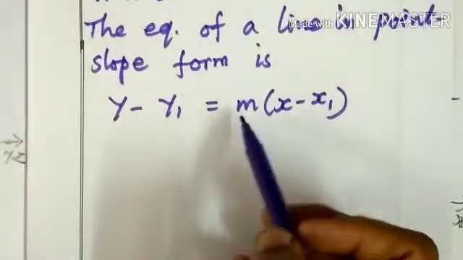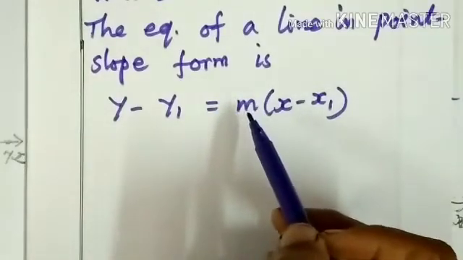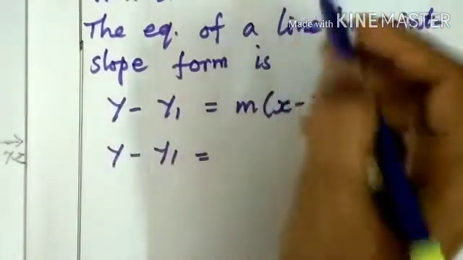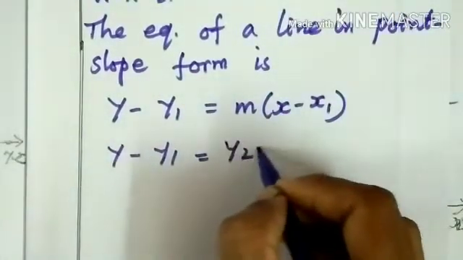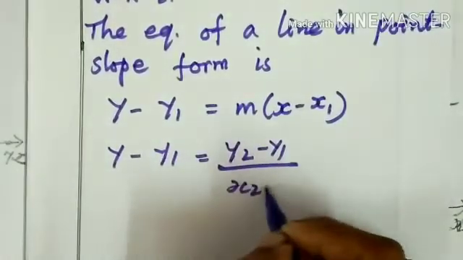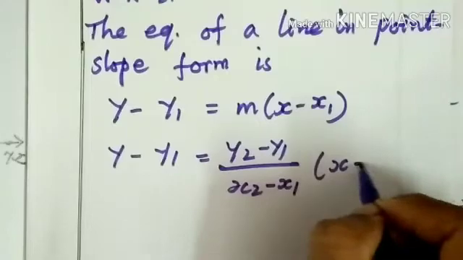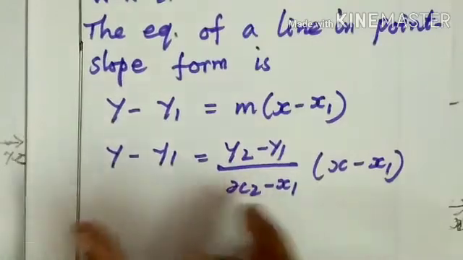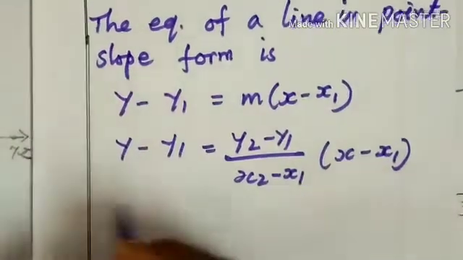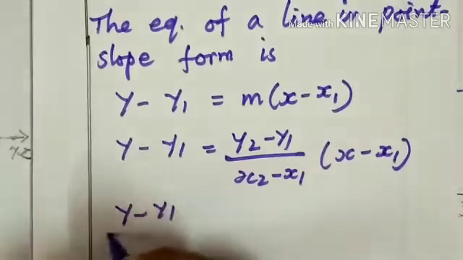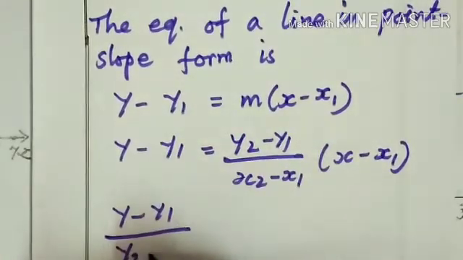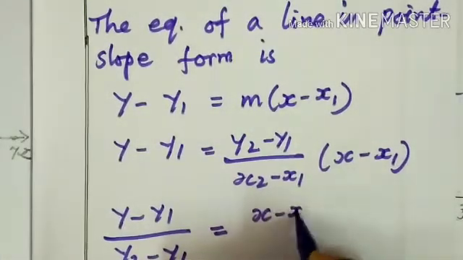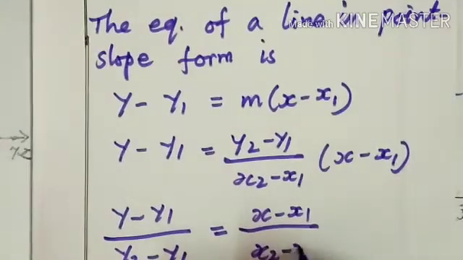In this formula, you have to apply the given slope, that is y minus y1 is equal to y2 minus y1 by x2 minus x1 into x minus x1. Now you have to separate the y coordinate and x coordinate, means we get y minus y1 by y2 minus y1 is equal to x minus x1 by x2 minus x1.